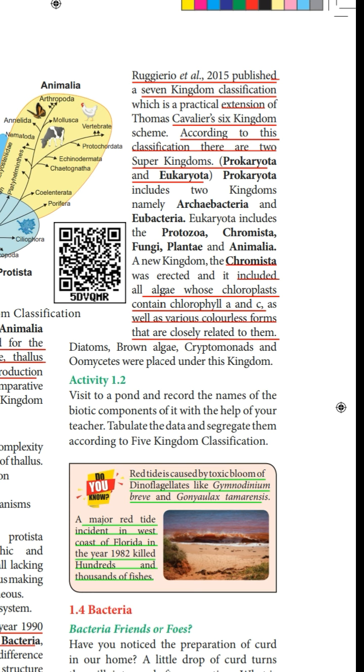The organisms included under this kingdom were diatoms, brown algae, cryptomonads and oomycetes.